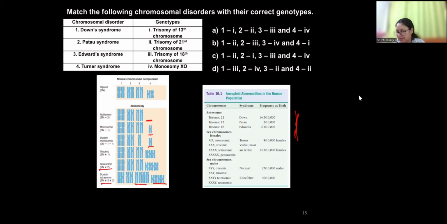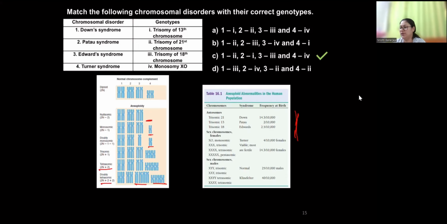Patau gives trisomic 13 and Edwards gives trisomic 18. Similarly, monosomic Turner syndrome is X, so one X is missing. And in trisomic Klinefelter, it's two X's and one Y, so a male will develop some female characters also. So that is what happens.